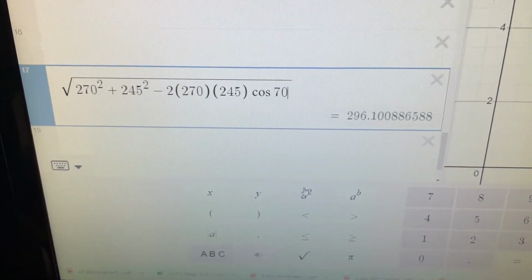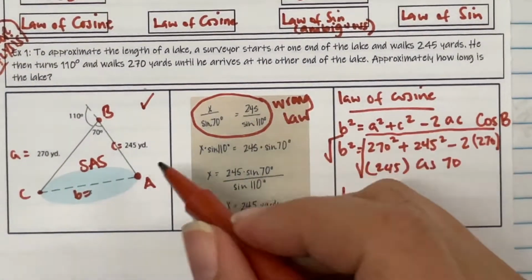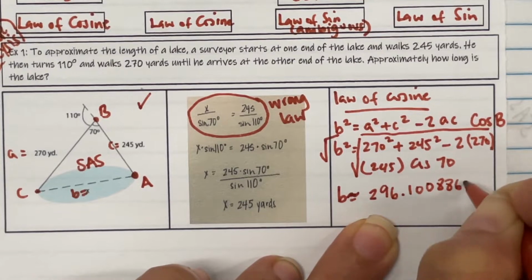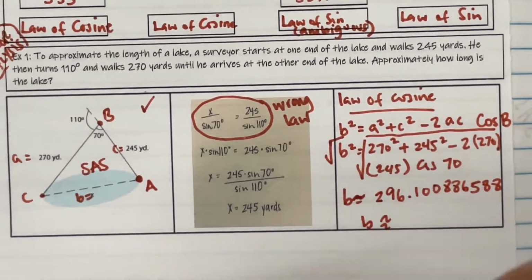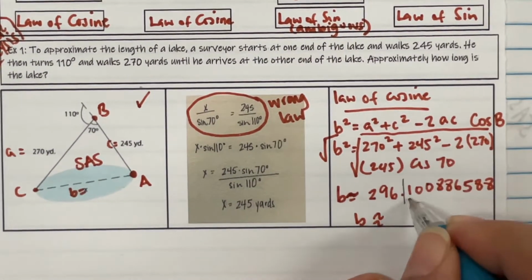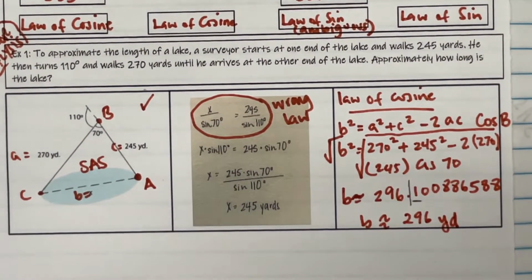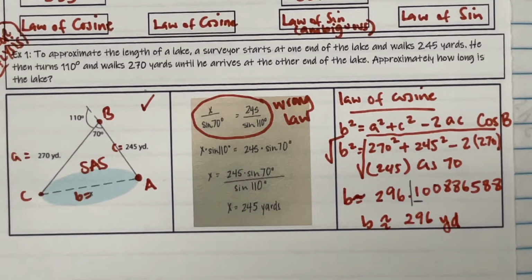And always make sure that your calculator is in degree mode. So b is approximately that, which rounds to the nearest yard. The 1 does not change anything, so it's 296 yards. It's a listening check. Put a box around 296 yards.